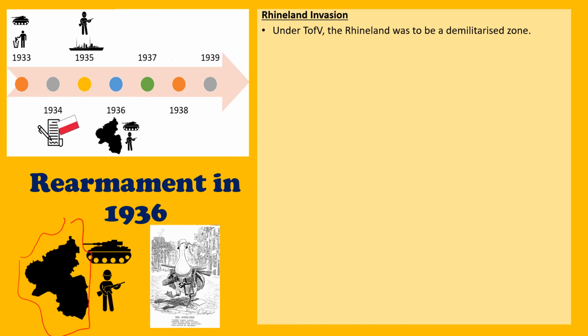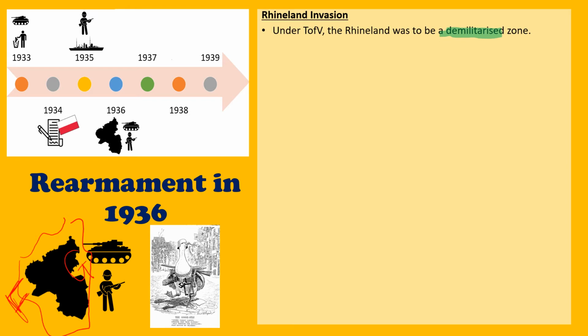It's part of the eastern border of France and Germany. So over here is France, and then the rest of this is Germany. The idea was that this would act as a buffer zone between Germany and France, where there was to be no military whatsoever. As the phrase says, it was a demilitarized zone.